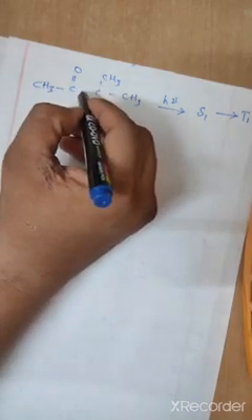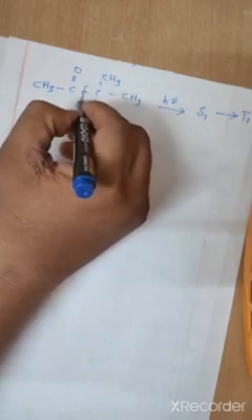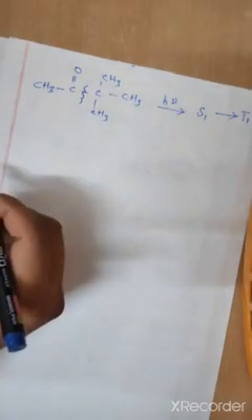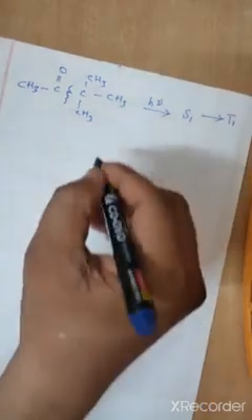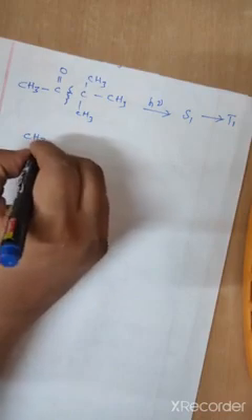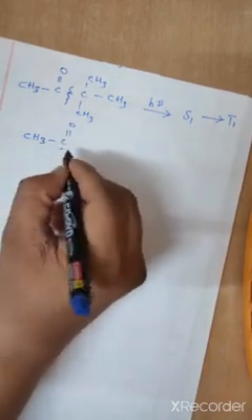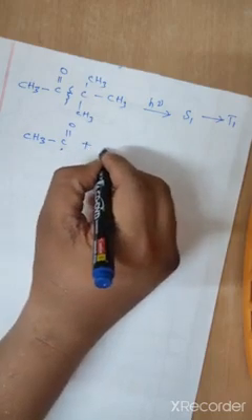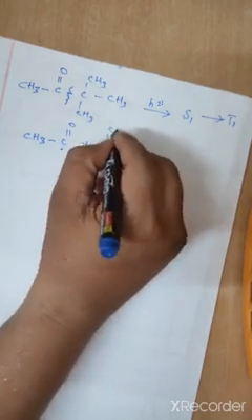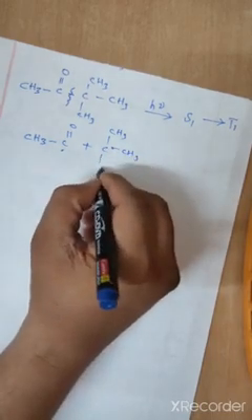If cleavage takes place, as a result two radicals are formed. One is the CH3 C double bond O radical, the other radical is CH3 CH3.